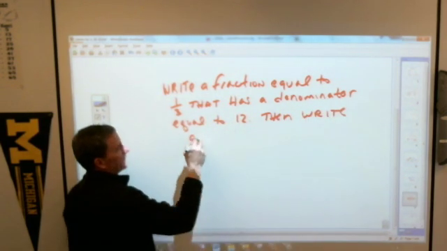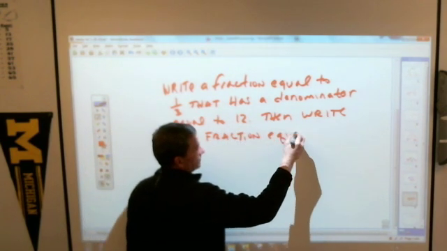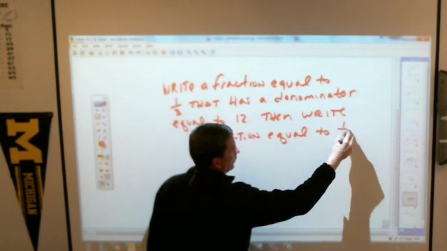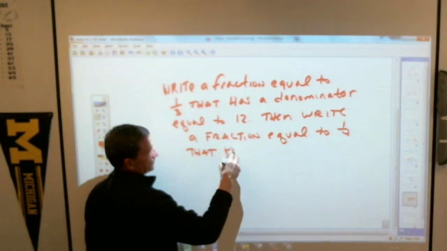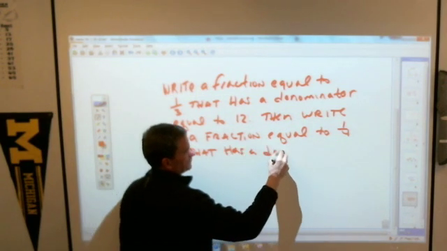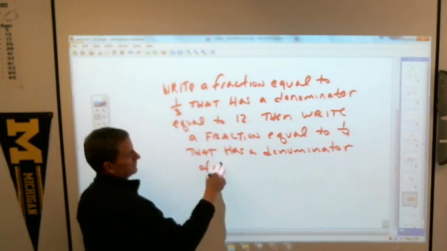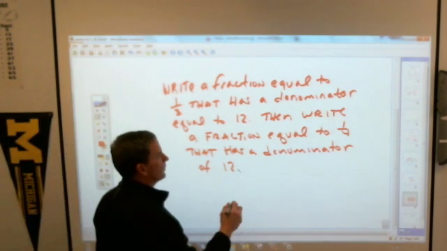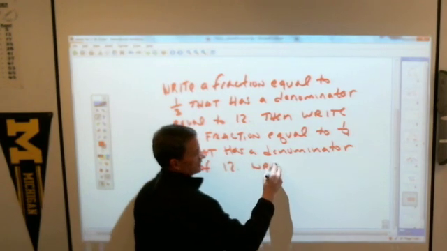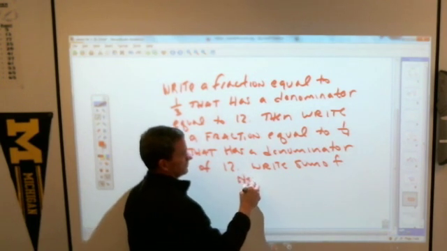Then write a fraction equal to 1/4 that has a denominator of 12. And then, lest you think you're done there, then write the sum of the two new fractions you made.